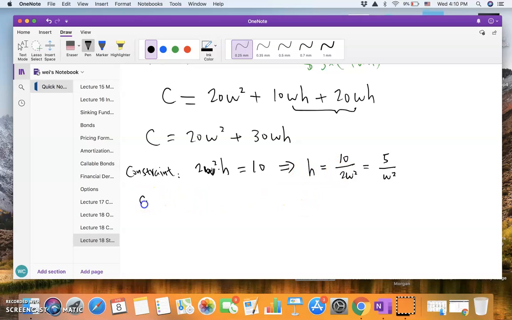So now the cost we can write as 20w squared plus 30w times h, which is 5 over w squared.